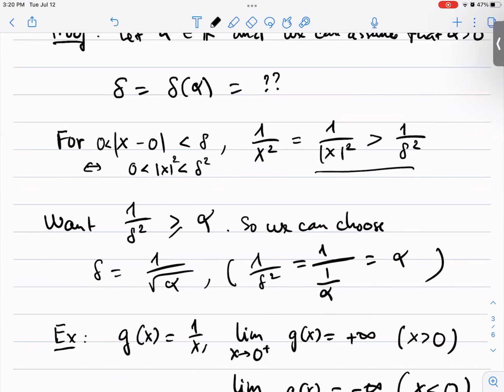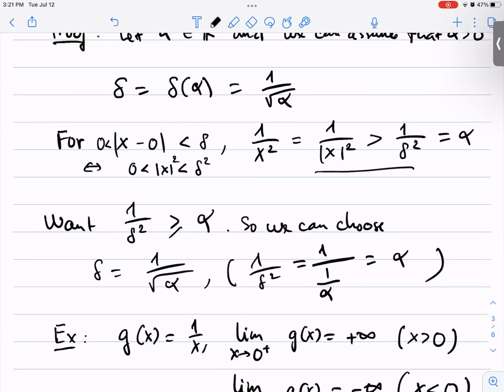Then we have that the function 1 over x squared is going to be greater than 1 over delta squared, which is equal to alpha. So the appropriate choice of delta here is delta equal to 1 over square root of alpha.